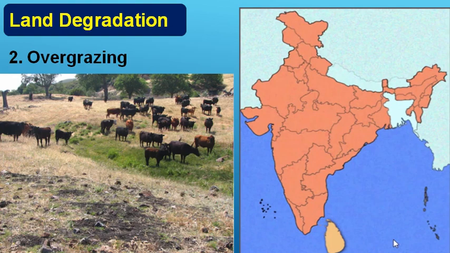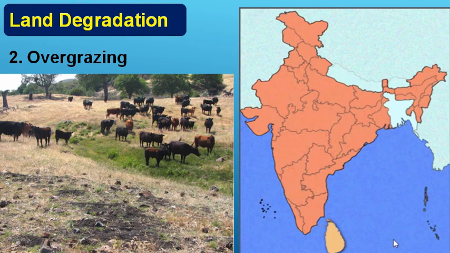Now we come to the second reason, and that is overgrazing. When we talk about overgrazing, how does it affect? Whenever animals excessively eat the grass and the land is left bare, then the soil becomes loose and it is subjected to erosion.